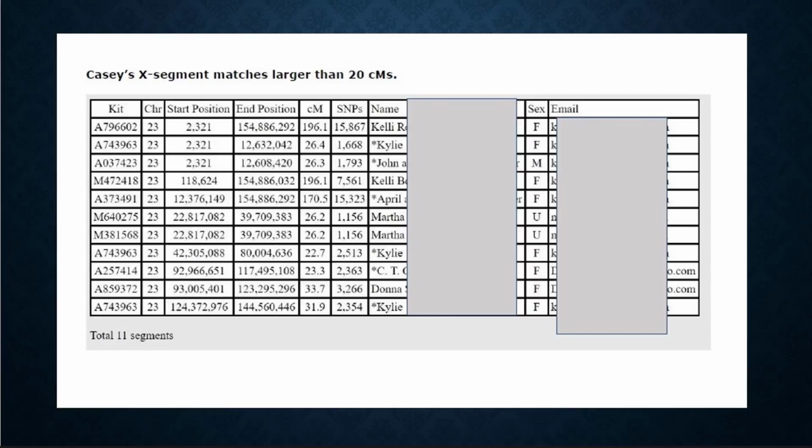I think the total length is 156 million or something, so close to the end. So there are three places where my son and daughter match. But that's what happens when you have recombination. They'll each have different places that match each other. They get different random assortments from me.